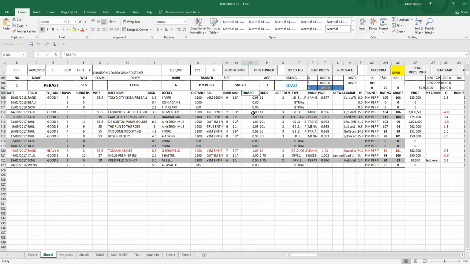You've got track speed, which is, against our time standards, how fast or slow the track was playing. So 1.0 is bang on standard or close enough to it. Numbers less than 1, 0.98, would suggest it's faster than standard. And here's a wet track run back here, which is 1.05, and that was a Heavy 9.